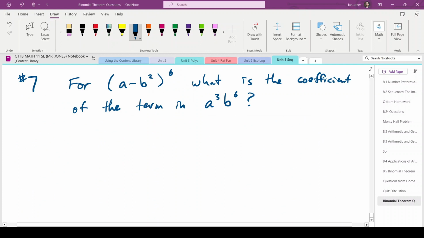Number 7 says, for a minus b squared to the exponent of 6, what is the coefficient of the term in a cubed b to the 6?